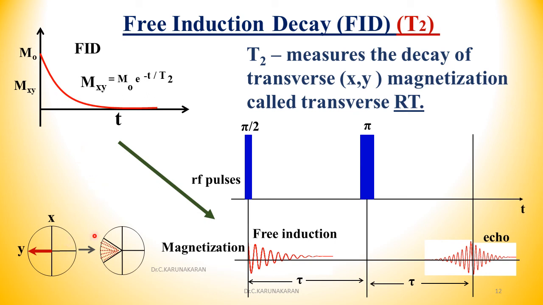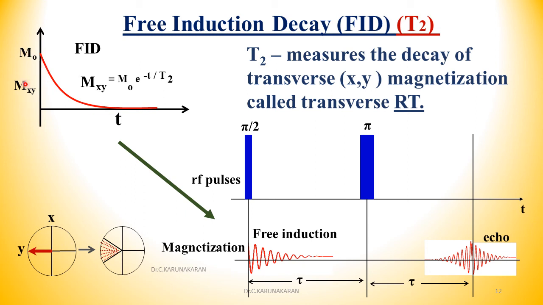The net magnetization at equilibrium, on applying the pi by 2 pulse, is tilted to minus y as transverse magnetization. Now the individual spins dephase and fan out, so the magnetization along y decreases with respect to time.